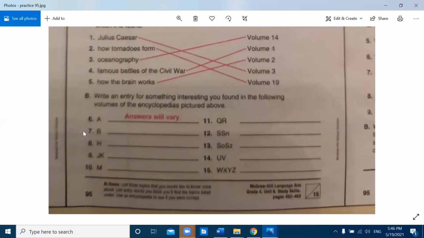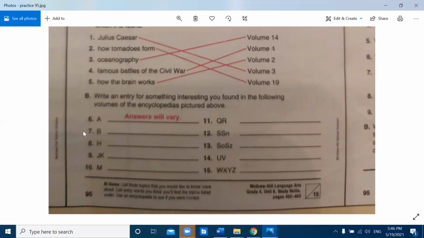That's the president, so we would find an article about him. One of the students said Big Bang Theory, which is also great. That's a theory about how the earth and planets were formed. We could also look up something like bananas. We could also look up something like buffalo.